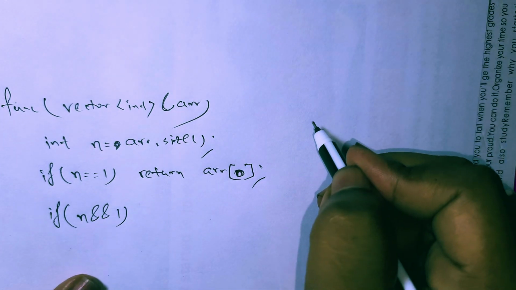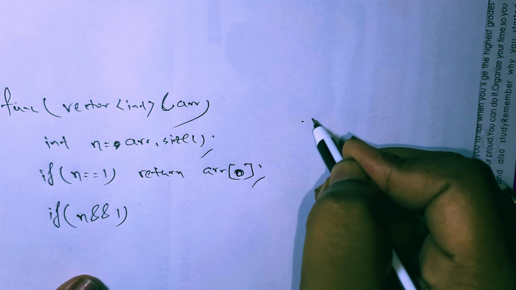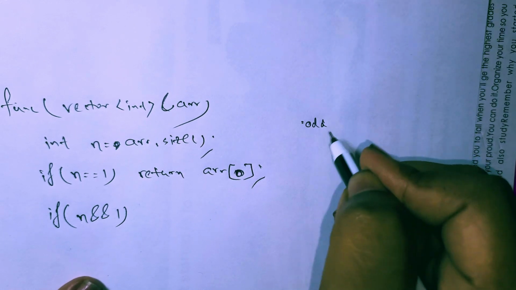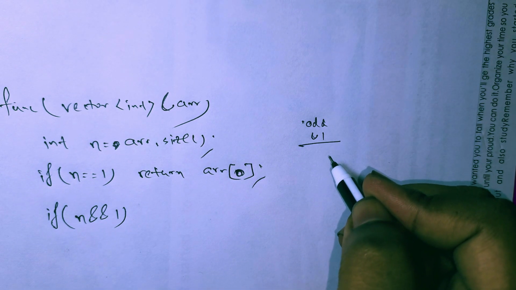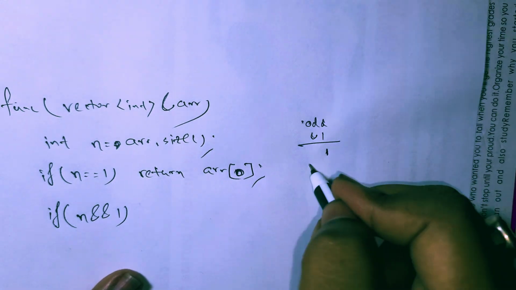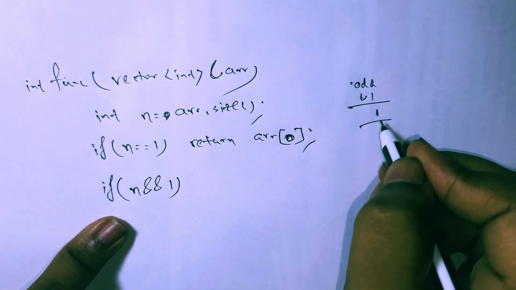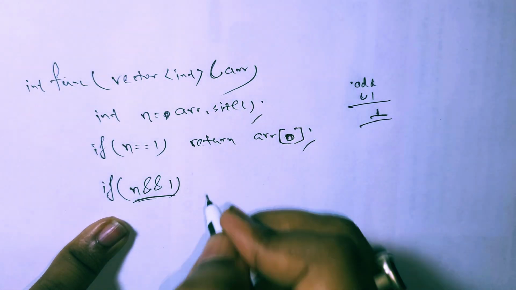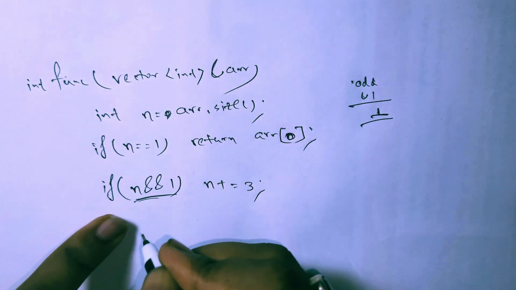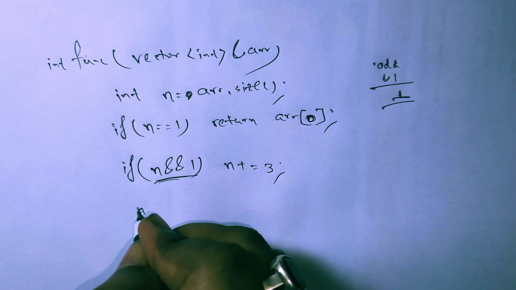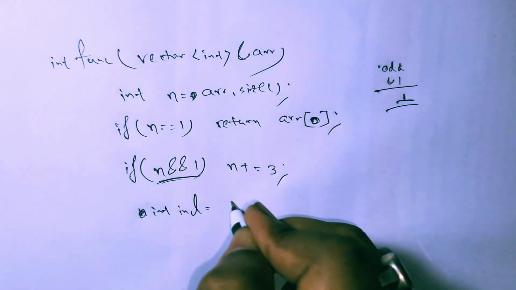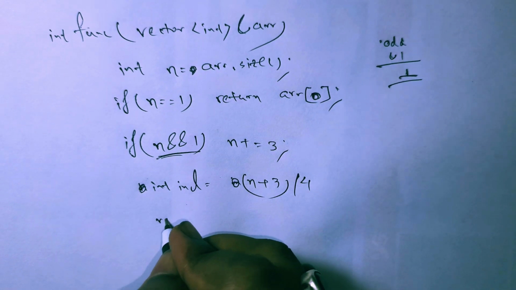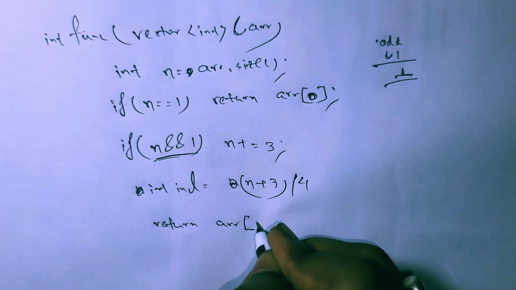You know very well that if I do an AND operation between an odd number and 1, it will always give 1, so it becomes true. So if the size of my array is odd, then I do n plus equals 3, and after that I store index equal to (n plus 3) divided by 4, and I will return array[index].